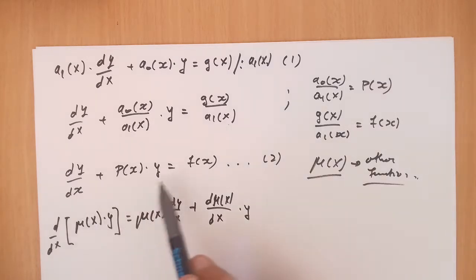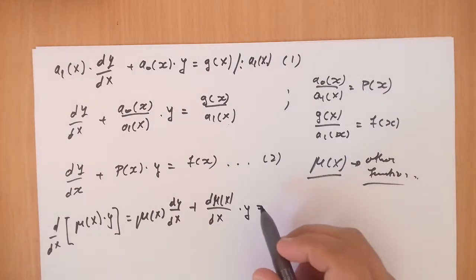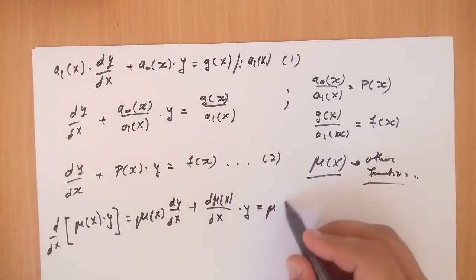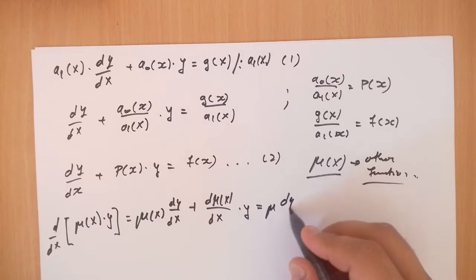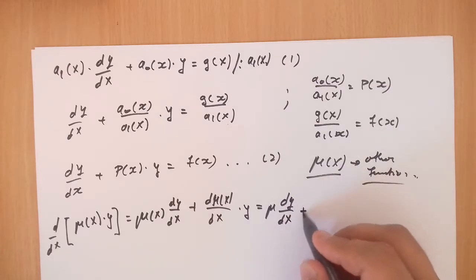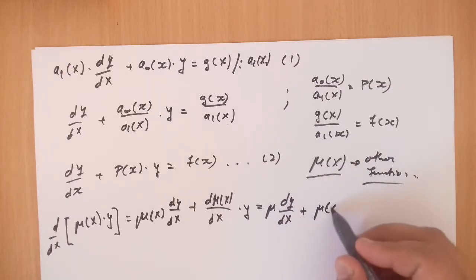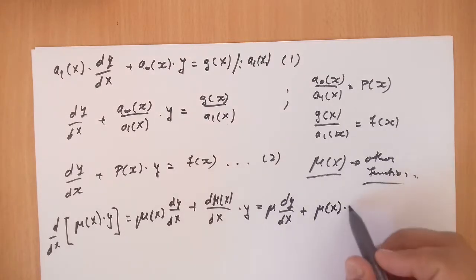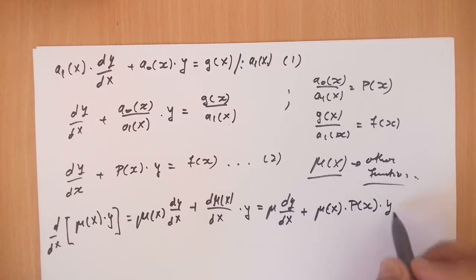On the right hand side, this is equal to mu dy/dx plus mu of x times p of x times y.